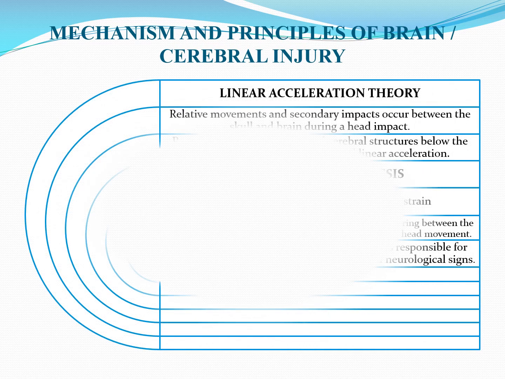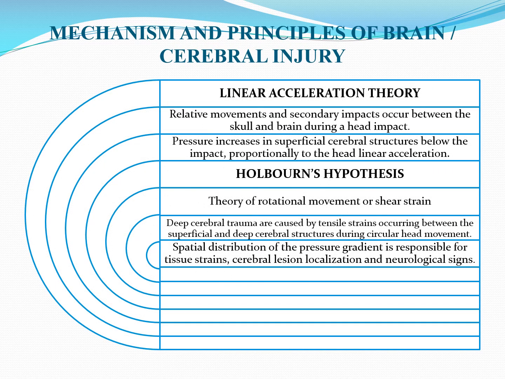There are various theories which explain the mechanism and principles of brain or cerebral injury. Out of these, the two important theories are the linear acceleration theory and the Holbourn hypothesis. The linear acceleration theory was first published about a century ago, and according to this theory, relative movements and secondary impact occur between the skull and the brain during a head impact.